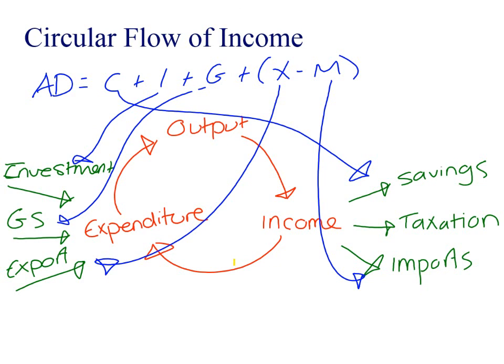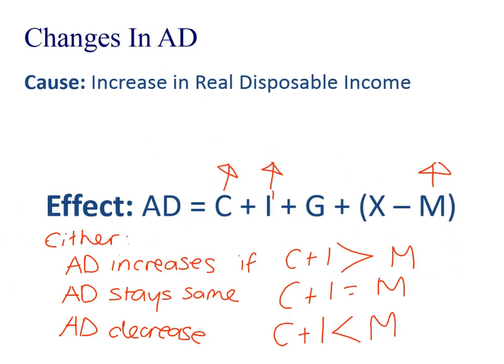So it all matches up, and you can see that if injections are larger than leakages, you get an increase in real GDP caused by an increase in aggregate demand. All of these concepts are related to each other.